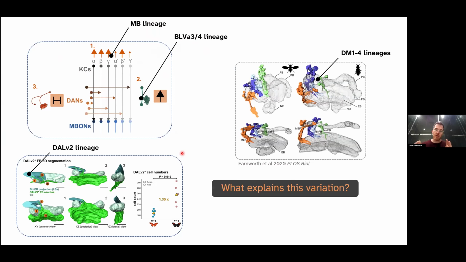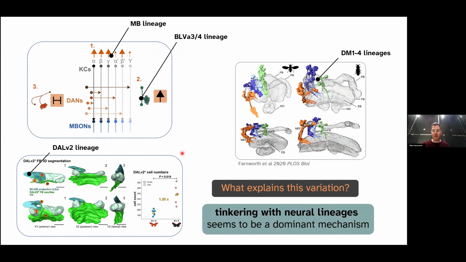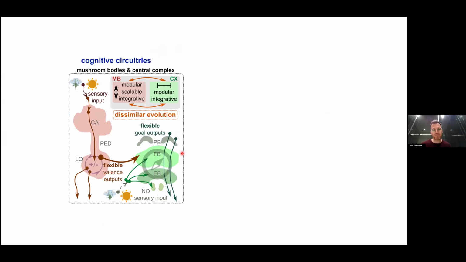So if I come back to my central question from the very beginning, what explains this variation in brain anatomy? It is, of course, tinkering with neural lineages because it's such a susceptible system to produce variation, but also obviously a system that has a lot of inherent constraints.